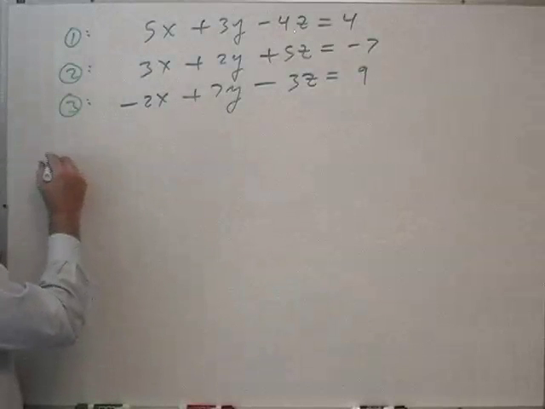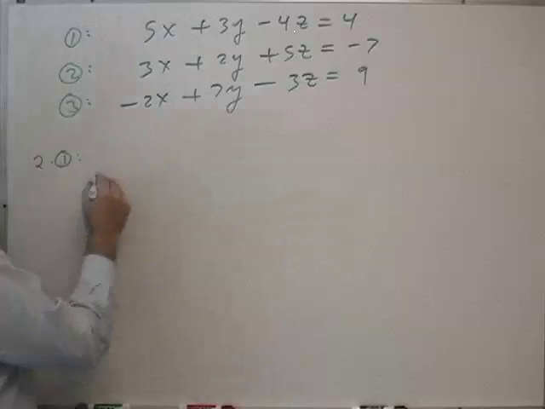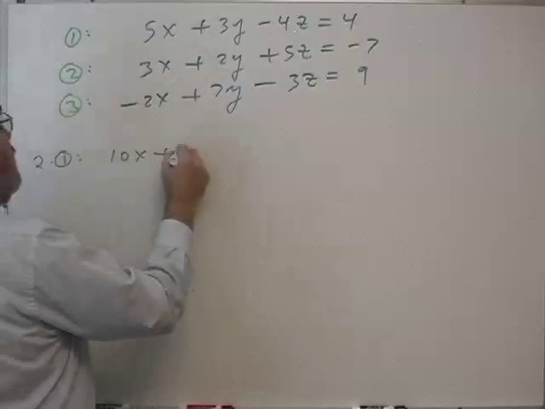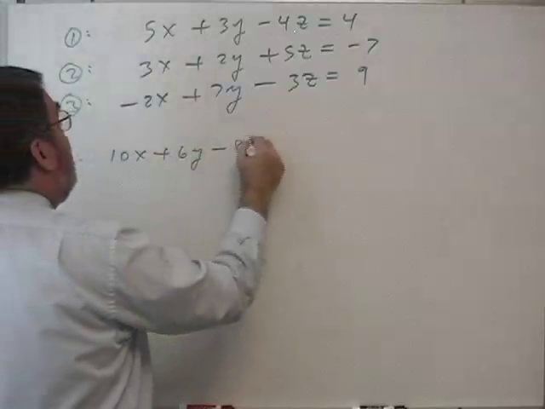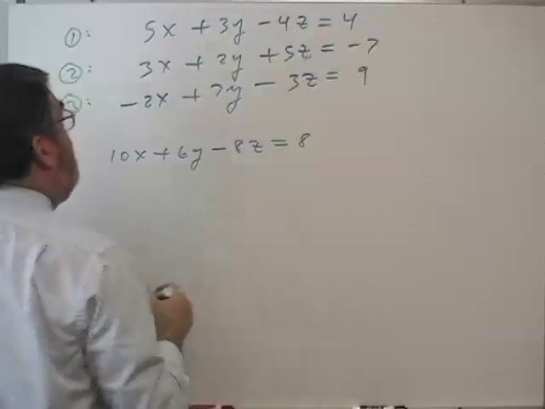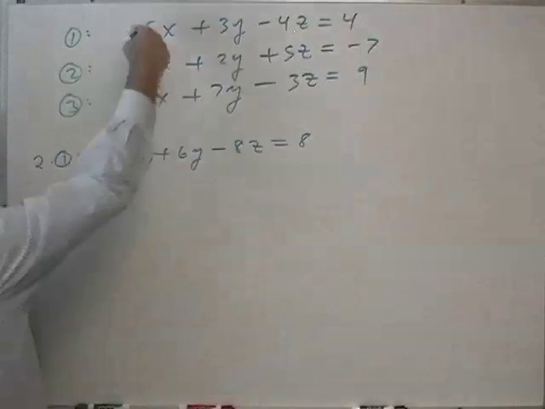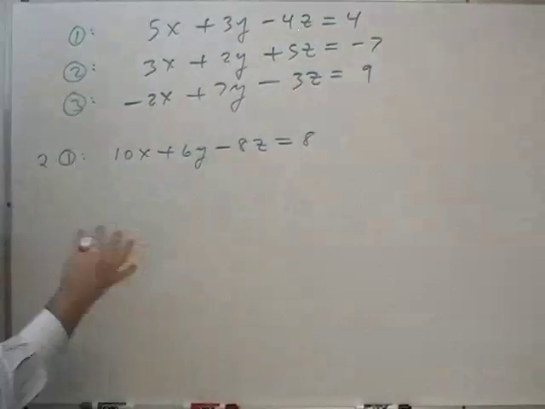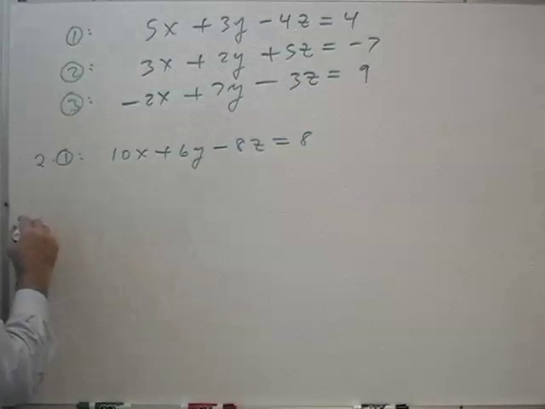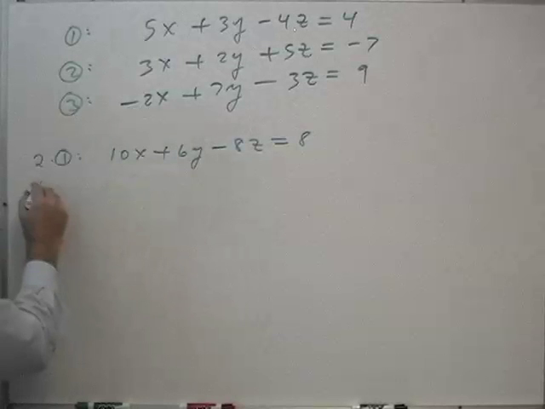So I've got 2 times equation 1 gives me 10x plus 6y minus 8z equals 8. So I multiply 2 through the entire equation, including the right side. And I need to multiply this equation by 5.